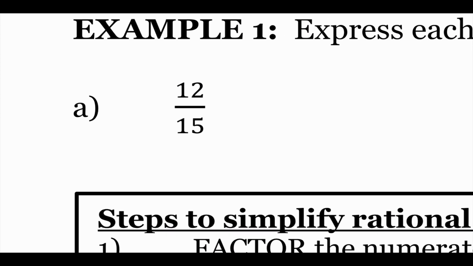So what happens to be the biggest number here? 3. So this is what you do in your head. I'm going to write it down, but this is what you guys do in your head. You guys are pretty good at this because you've been doing it for a while. You're like, okay, I can divide this guy by 3. 3 times 4, right? And I can divide this guy by 3. 3 times 5. And then in your head, you're like, hey, they both have 3s.